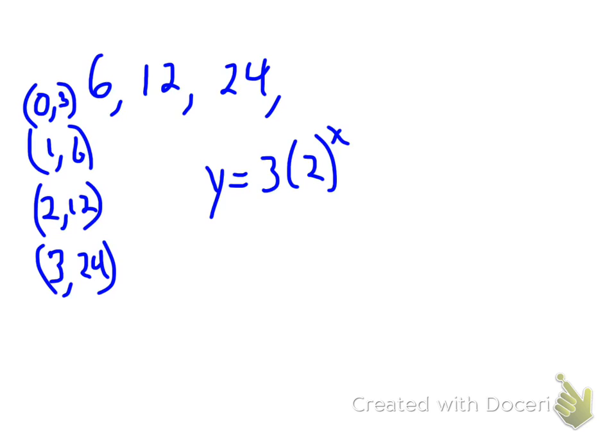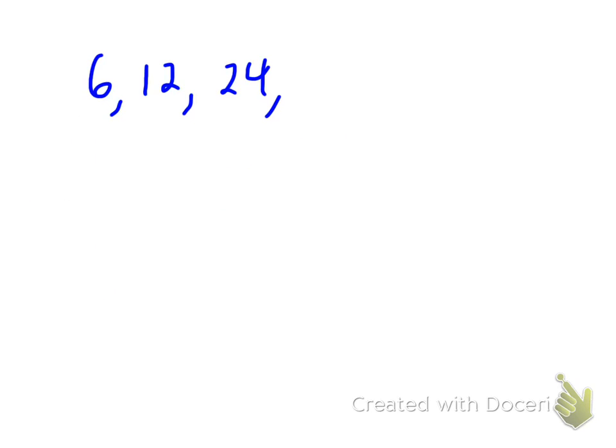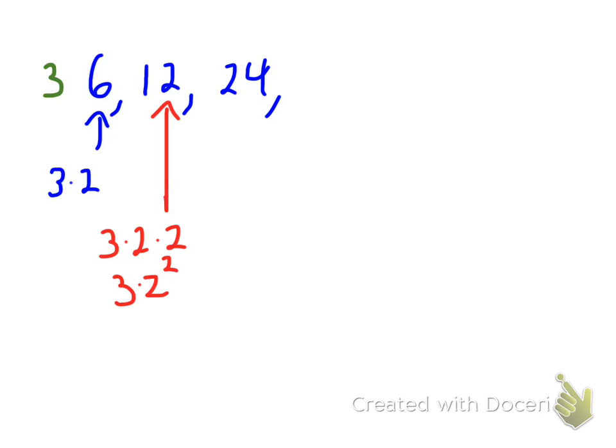Now, another thing to think about is if my zero term is 3, how I get this term right here is 3 times 2, because 2 was my multiplier. This term is actually 3 times 2 times 2, otherwise known as 3 times 2 squared.